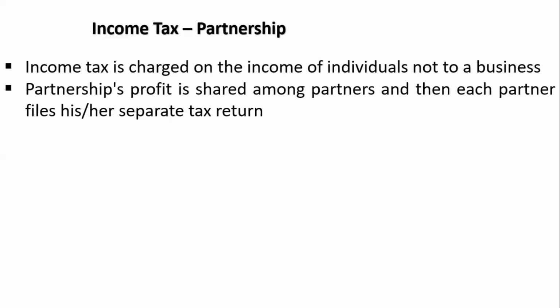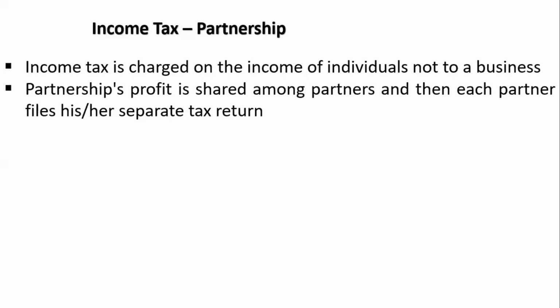Let me tell you, we will not discuss the basis of assessment rules again, but if there are two partners who have started the business, for both partners we will apply opening year rules. If any partner is leaving, let's suppose there are four partners and one partner is leaving the partnership, we will apply closing year rules on that partner.